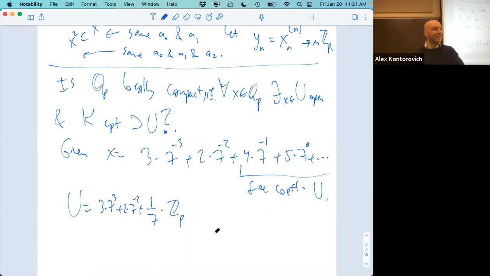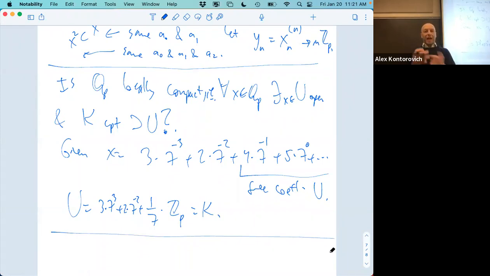I'm just taking compact Zp, scaling it and shifting it by something. This is still compact. You're really just saying something about how these balls relate to each other.